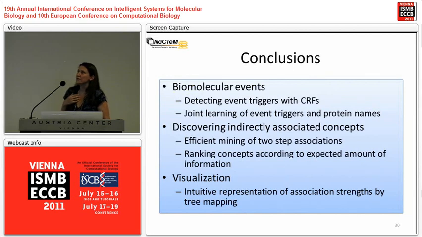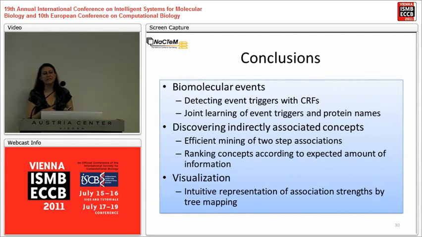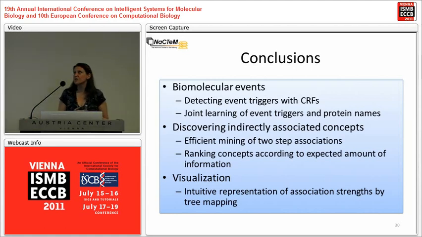Facta Plus is based on an existing system we had for finding direct associations from the whole of Medline, but in this case based on 6 different biomedical concepts, and it's a different way of ranking the information.